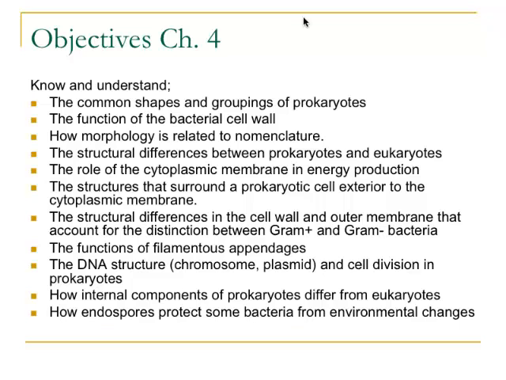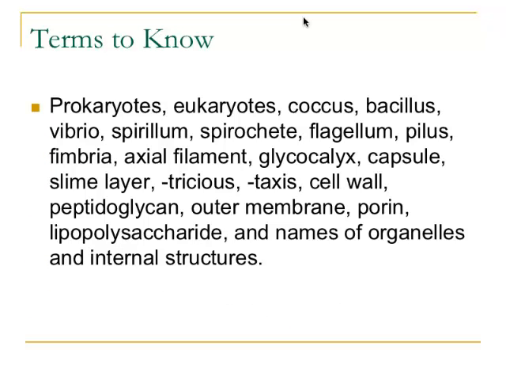They do have an organization to the internal components. Also, you should understand what are endospores and how they protect some bacteria from changes in their environment. And then these are terms that I took from Chapter 4 that you should be familiar with.